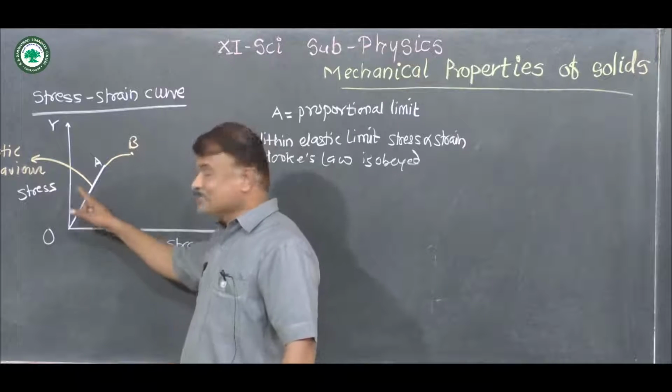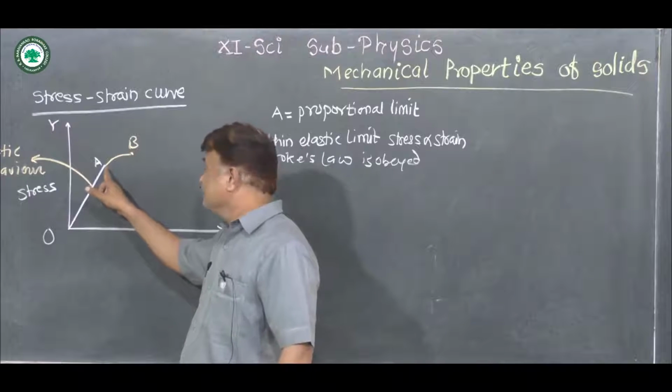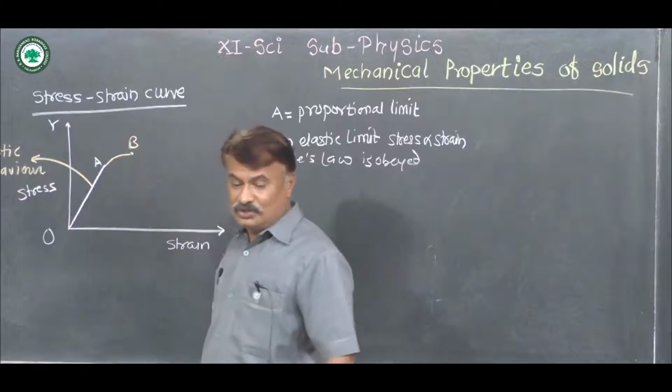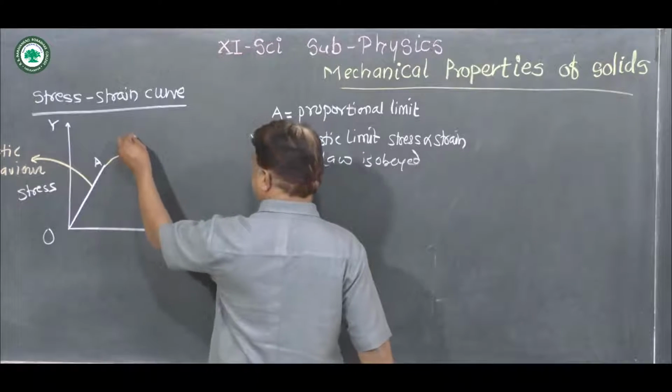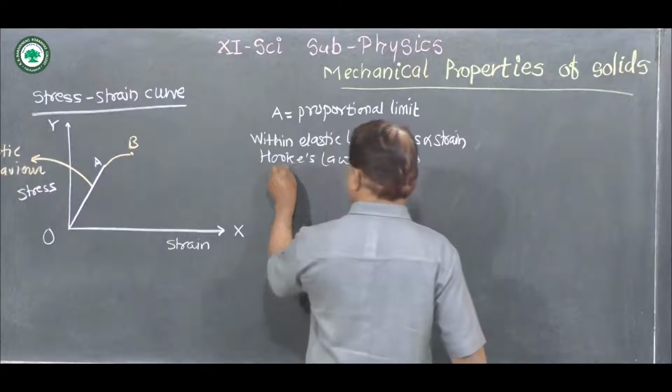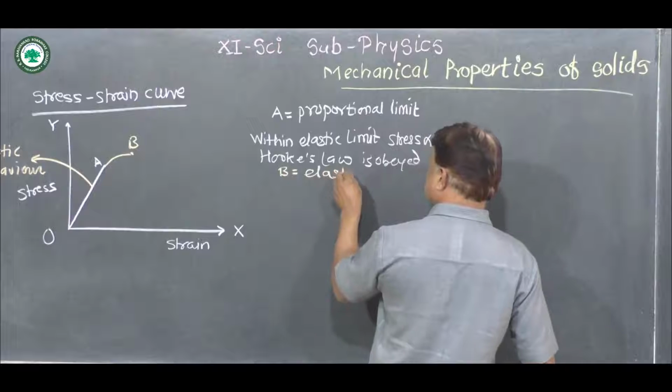And again, stress is directly proportional to strain, but nature of graph is curve. So this B point is called as elastic limit.